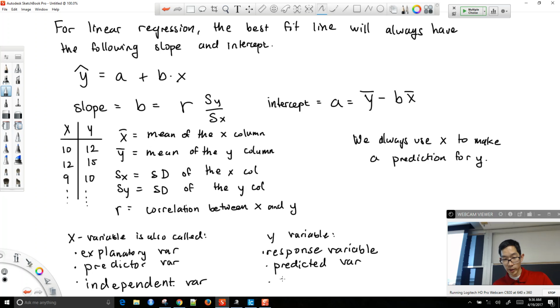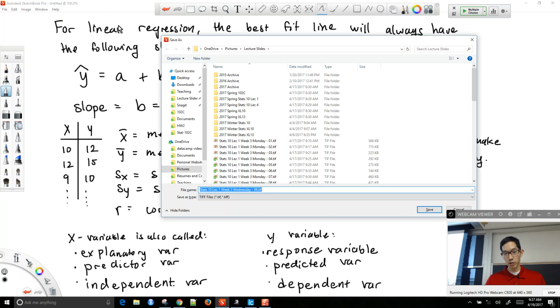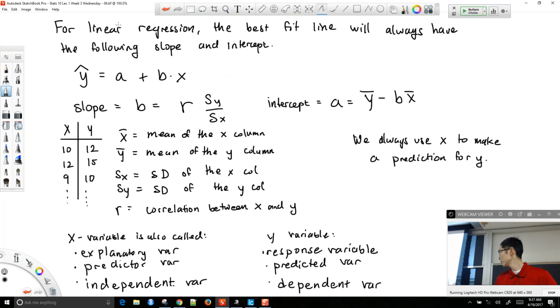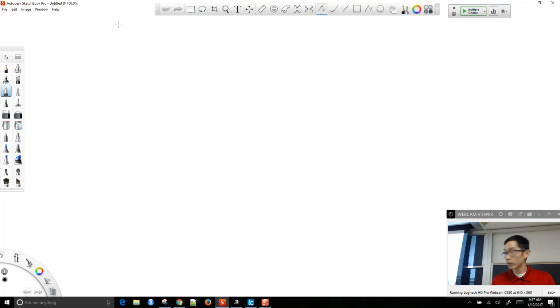Personally, I don't like the usage of the terms independent and dependent variable because I feel like they suggest that there's a cause and effect relationship, but that's not necessarily the case. Okay, so we have all of this. This is all good? And so let's take a look at an example of what linear regression might look like.